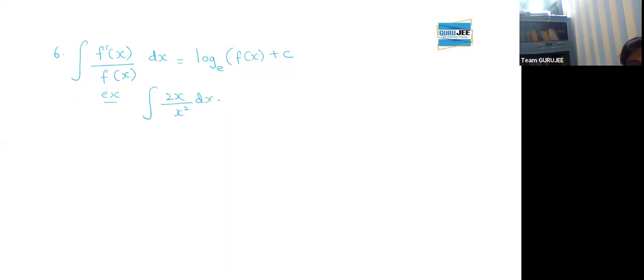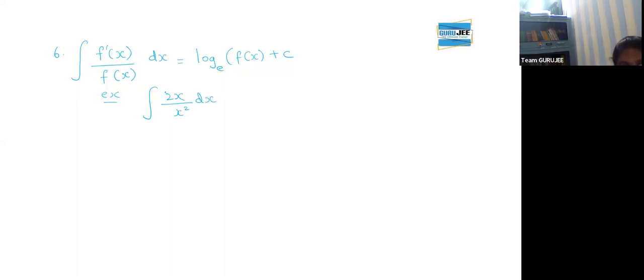Sixth one, it's very important. Integrate f dash of x by f of x dx. F dash of x divided by f of x dx equals log to the base e of f of x plus c. Example: integrate 2x divided by x squared dx.